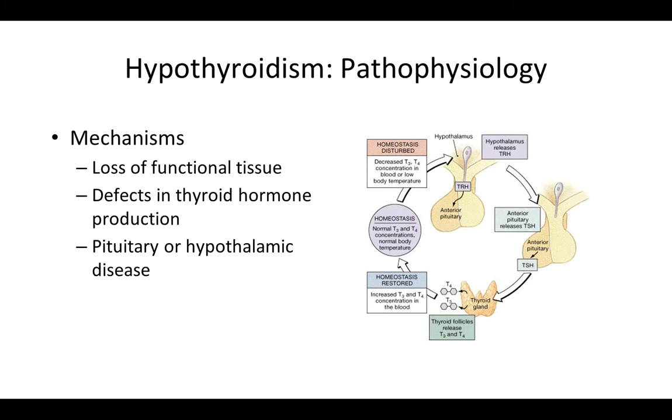There is also an accumulation of hydrophilic proteoglycans in the interstitial spaces of the whole body, and this causes many of the characteristic features of hypothyroidism, including pleural, cardiac, and peritoneal effusions, the myxomatous edema, and cardiac hypertrophy.